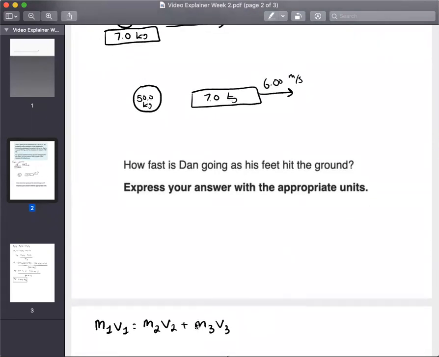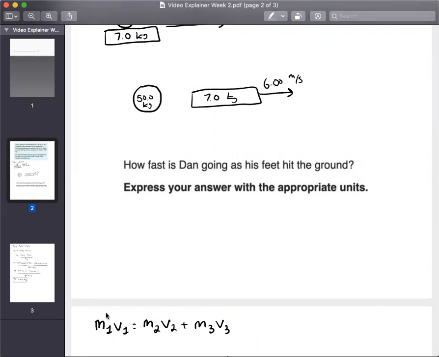So the equation that I'm going to be using is m1 times v1 equals m2 times v2 plus m3 times v3. To define the variables: m1 and v1 are the entire system in the first situation, where Dan is on the skateboard.